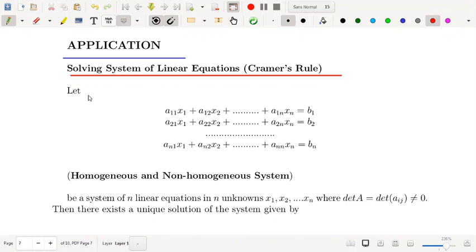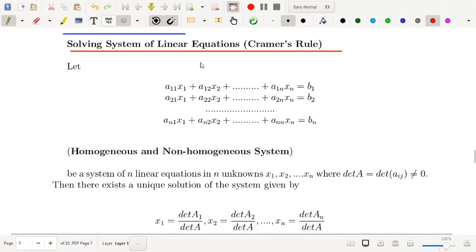Now you will apply determinants and matrices. So I will talk about solving systems of linear equations. The question is how you will solve the equations. Look at this, this is a system of linear equations.